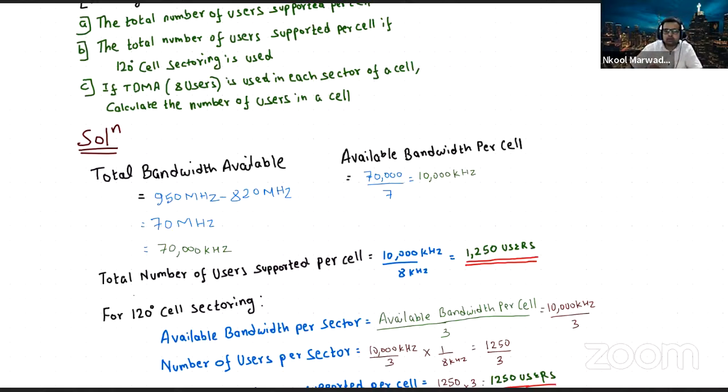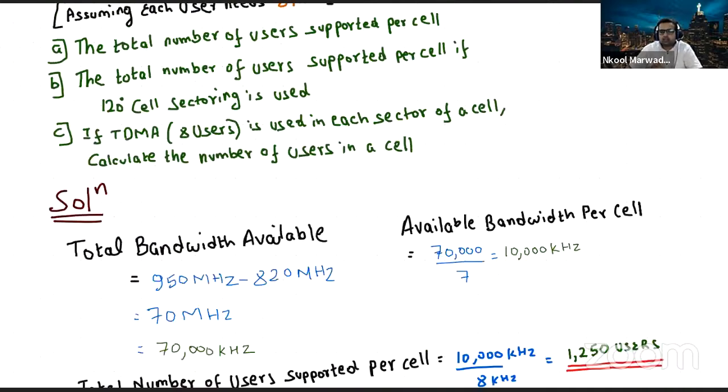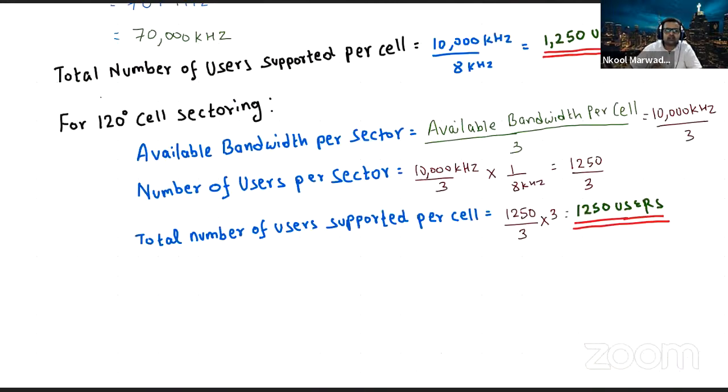But in order to be more precise and to get step marks, let us do it step by step. First, let us calculate the number of users in a sector and multiply by 3. So this is the scenario for TDMA.